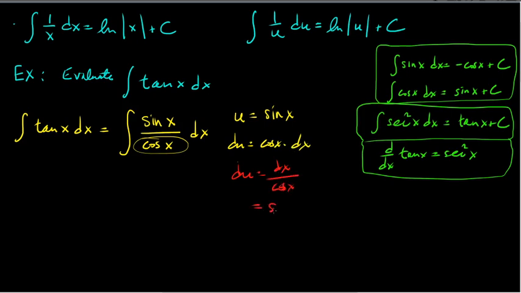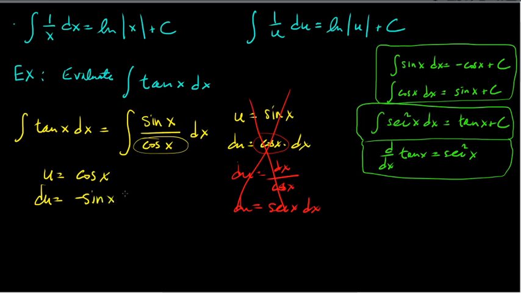Because that would actually be secant x dx. But we don't have a secant here. We have a cosine, so that's not going to work. So then you try the next obvious thing. u would be the denominator, cosine of x. And then the derivative of that would be negative sine of x dx.